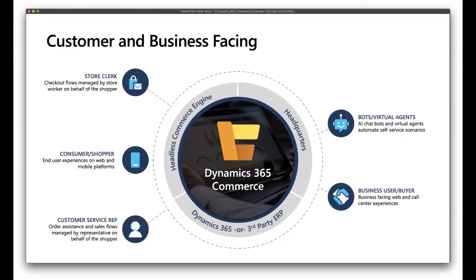Our customer service reps who work in the call center, our bots and virtual agents who support our customer service reps and our call center operators to be able to take care of those automated tasks that are high volume but low touch. And our business and user buyers who can come to the site and buy in bulk and manage their shipping and their quotes to be able to better buy their product.